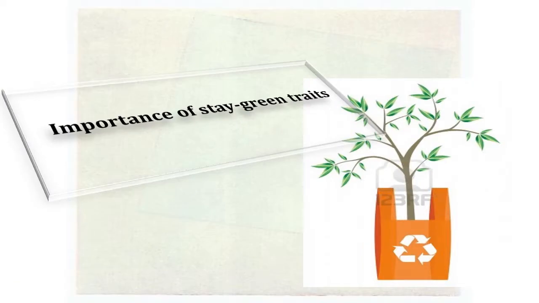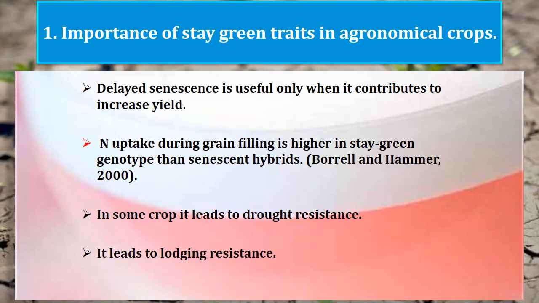Coming to the importance of stay-green traits. Delayed senescence is useful only when it contributes to increased yield. Nitrogen uptake during grain filling is higher in stay-green genotypes than in senescent hybrids.